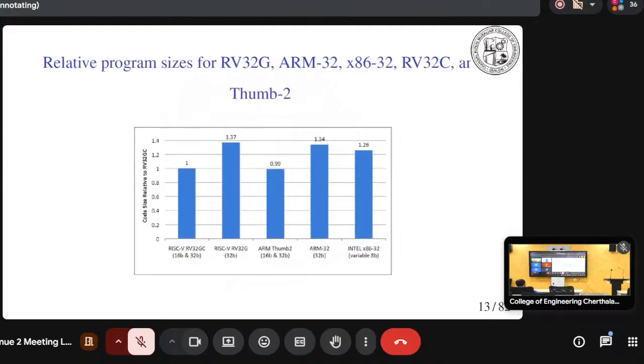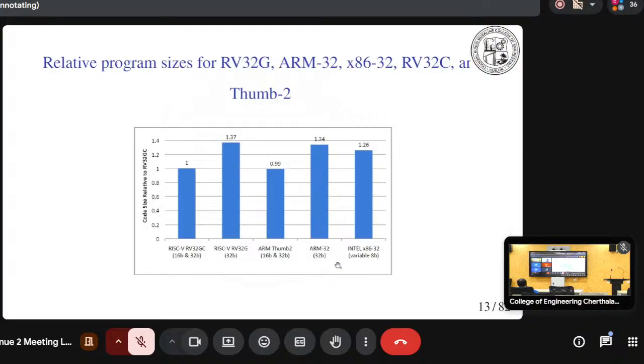Comparison. So we compare the code size of various processors relative to the RISC-V processor. RISC-V 32 is normalized to around one. Another version, RISC-V 32G, is 1.37. The Thumb instruction set is a very reduced instruction set, an optimized instruction set architecture, at around 0.99.